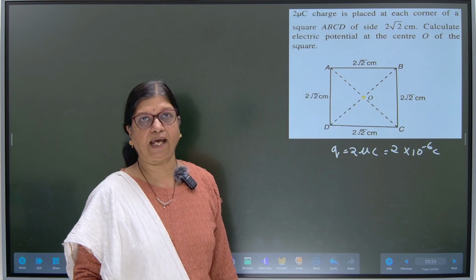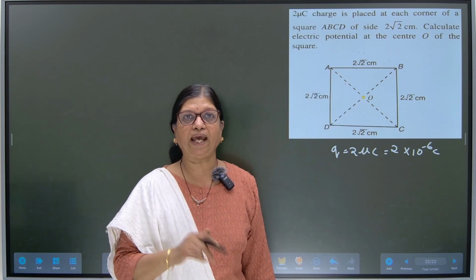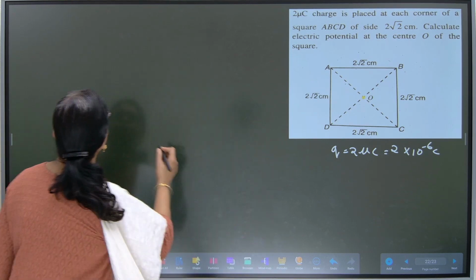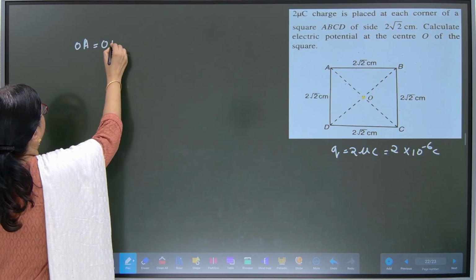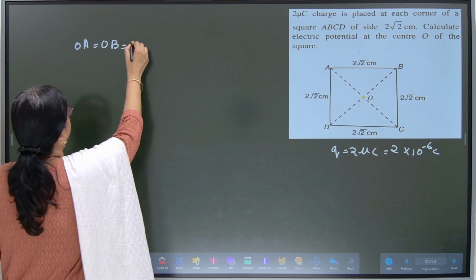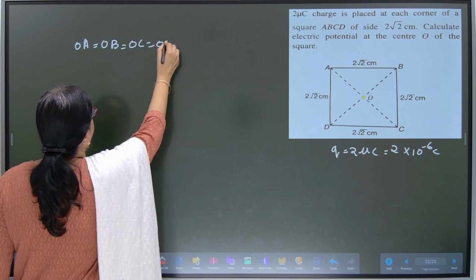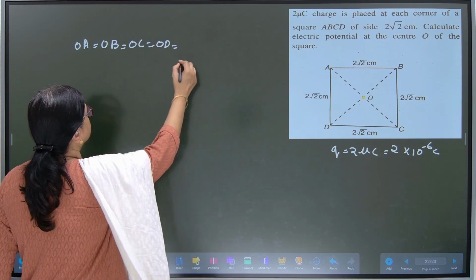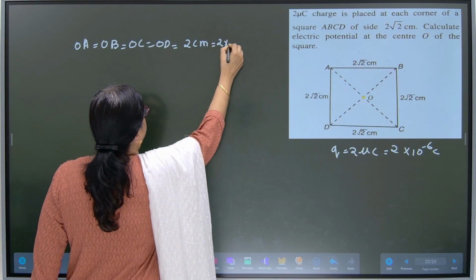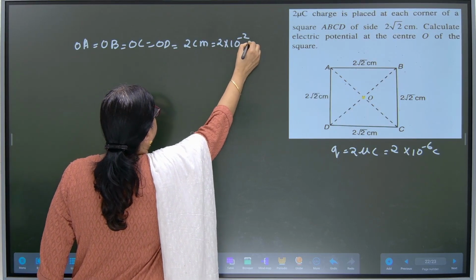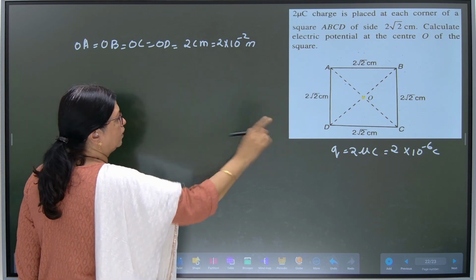Having calculated that, we write the value of OA is equal to OB is equal to OC is equal to OD equal to 2 centimeter, that is equal to 2 into 10 raised to minus 2 meters. We have to do the conversion the way we did that.